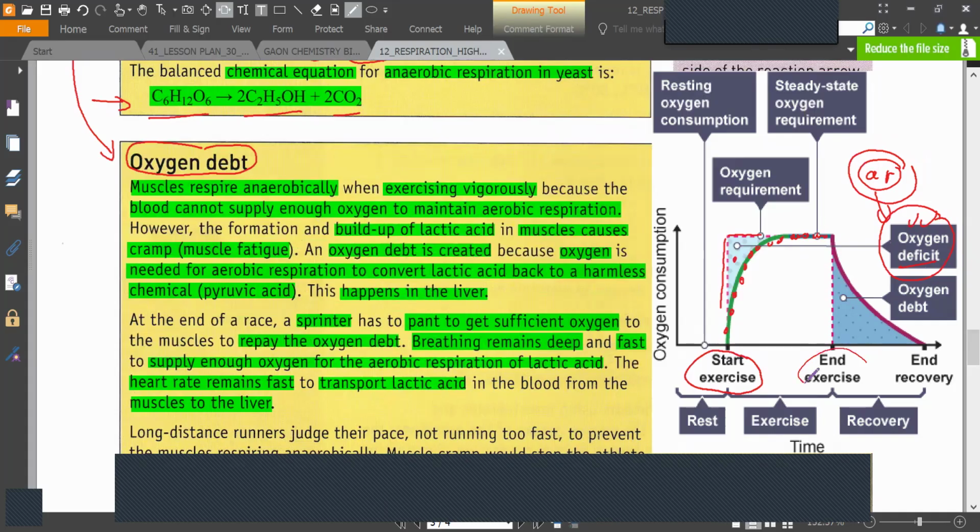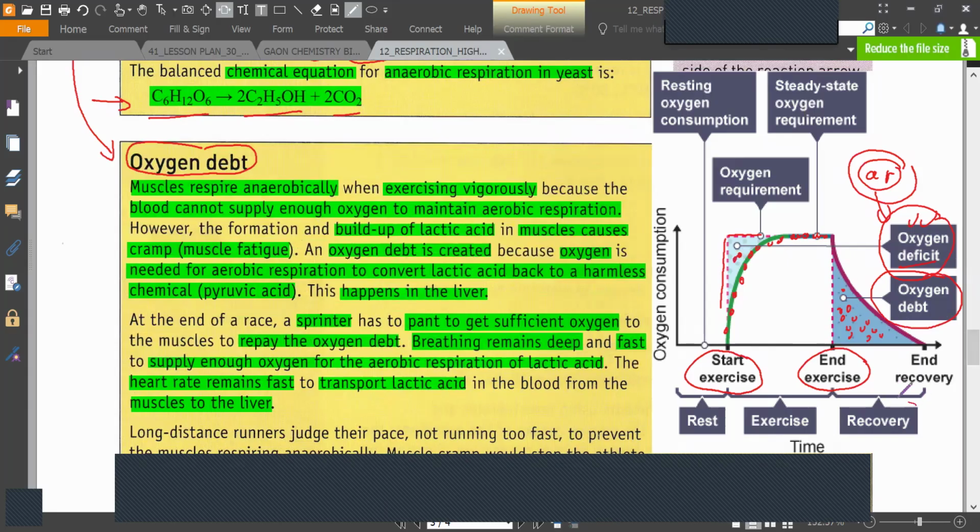So after we end the exercise, we are still breathing quite fast for some time. After we stop running, for example, we are still breathing fast for maybe 5 or 10 minutes. Why? To repay this oxygen debt that we owe just now.